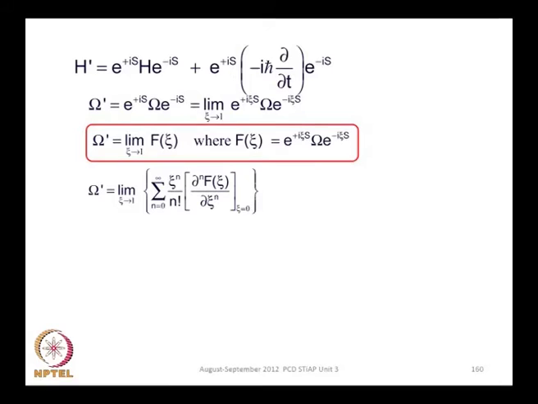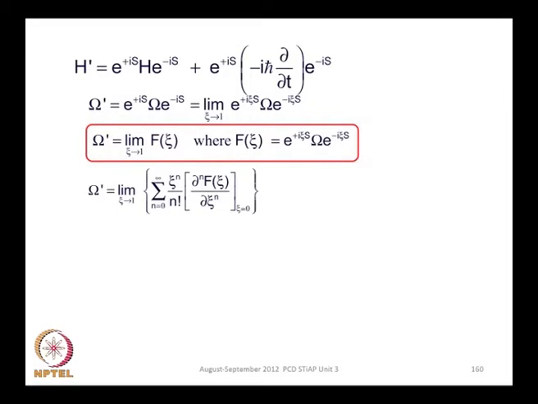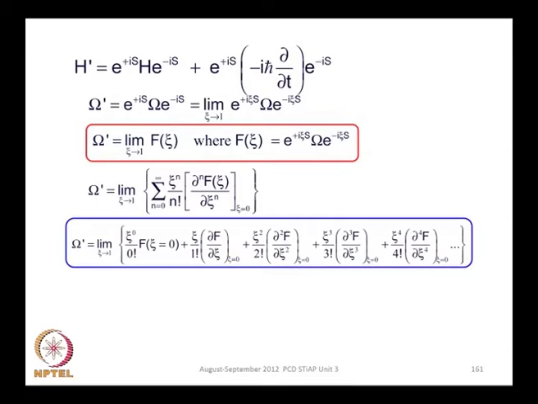Here notice that the derivatives are to be taken at xi equal to 0, and after you take the derivatives, you complete the process of taking the derivative and then take the limit xi going to 1. So, there is no contradiction in the derivative being taken at xi equal to 0 and then taking the limiting value of this function xi going to 1. There is absolutely no contradiction, you do it step by step, one step at a time. So, it is mathematically absolutely correct.